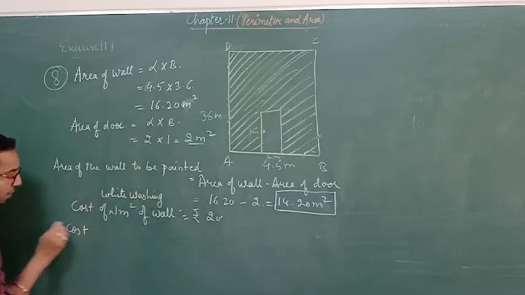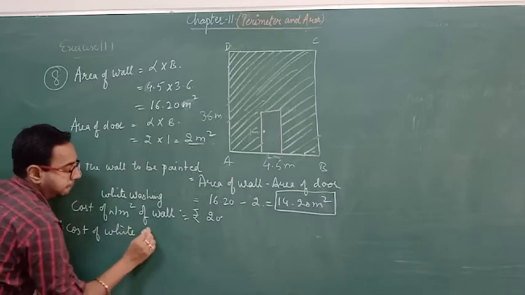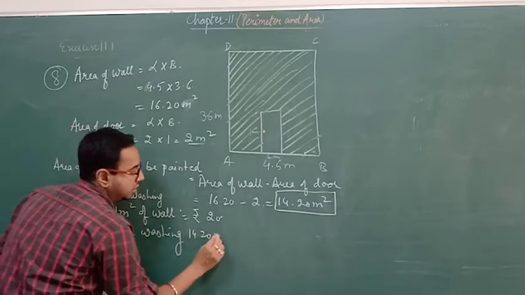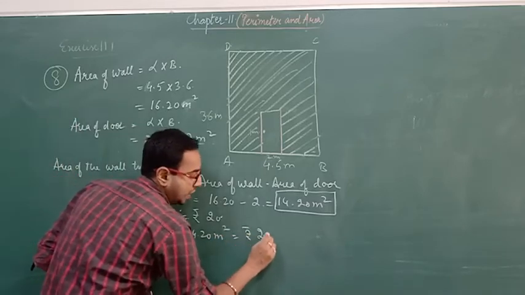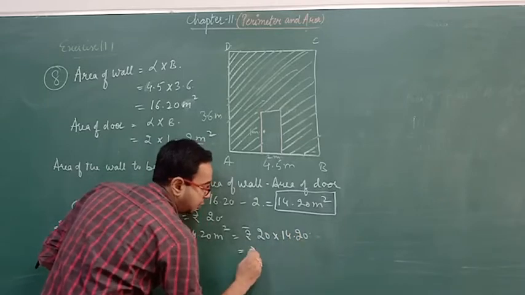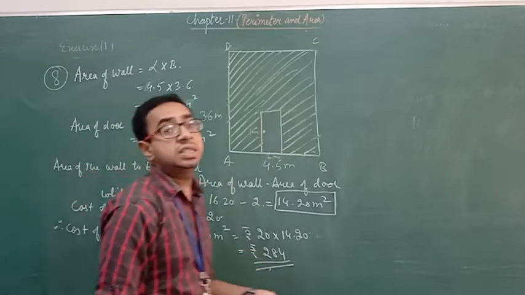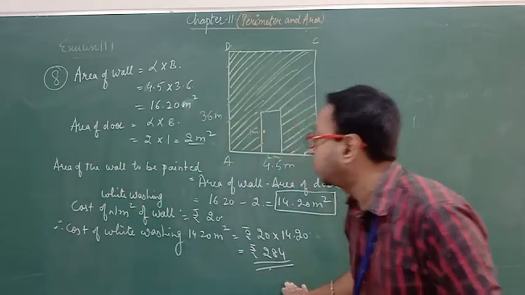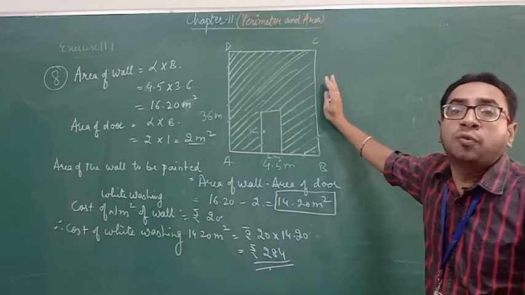Therefore, cost of whitewashing 14.20 meters square of the wall is equal to rupees 20 into 14.20. On solving, you'll get rupees 284. Hence, this is the cost of whitewashing the person has to pay to get his wall painted.